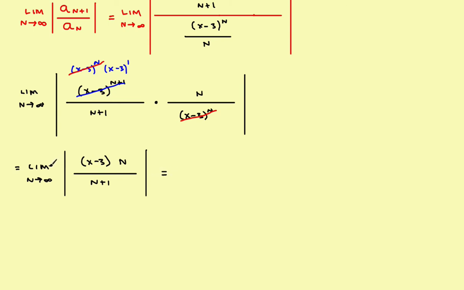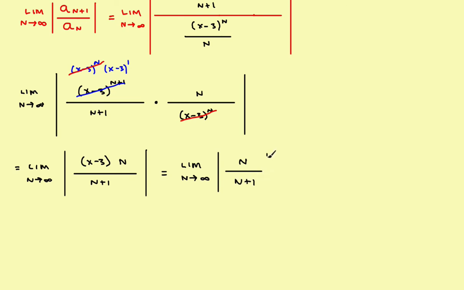And again, remember, if you take the limit, the variable in this thing is n. So you can treat the x minus 3 as a constant, and I'm going to bring it outside the absolute value. So the limit of a constant times something is you can bring the constant outside the limit. So I'm going to rewrite this as the limit as n approaches infinity. And the only reason I do this, to me, it makes finding the limit make a little bit more sense. So this will be the absolute value of, I'll leave it as n divided by n plus 1.